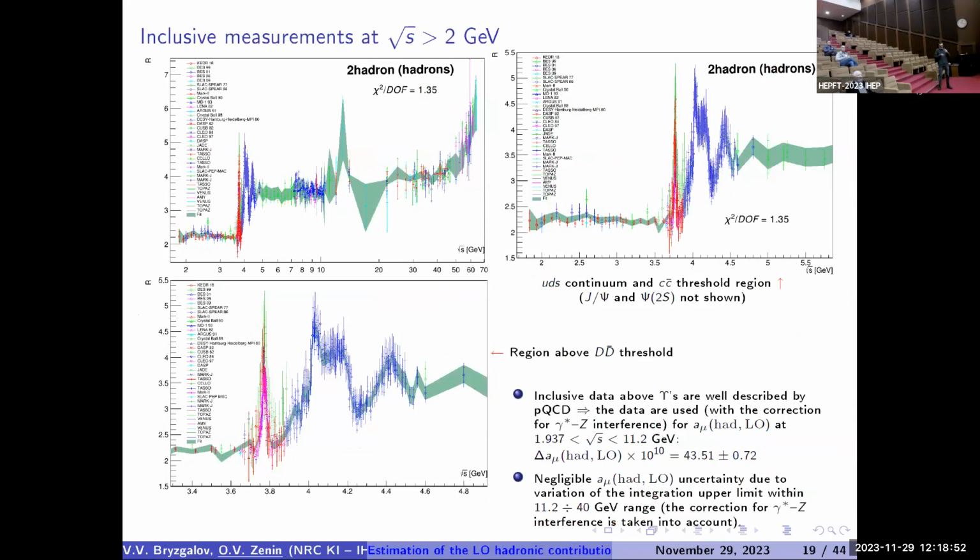I guess that's the BESIII results. Do you mean the region from 2 GeV to the charm threshold? Yes. First I was really amazed, and then I asked them why, and they were unable to answer the question of how many terms in the perturbative QCD prediction they had taken into account, and whether they took into account the massive effects as well.